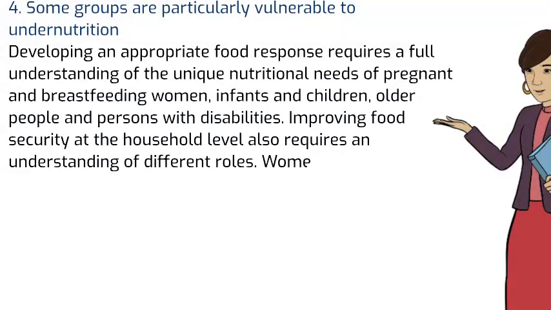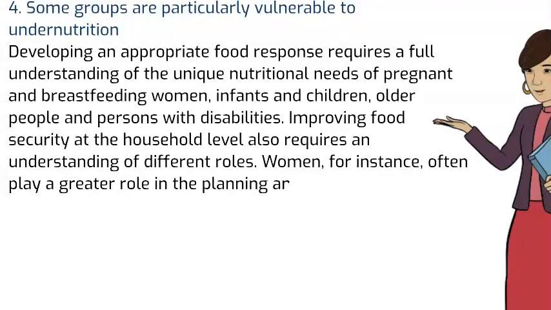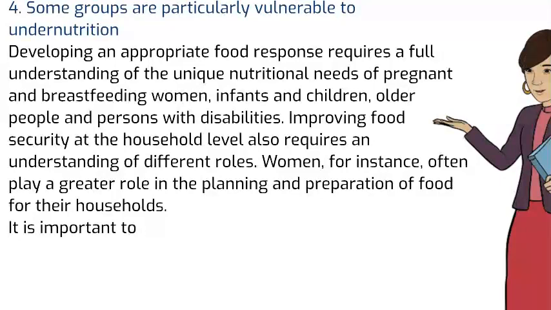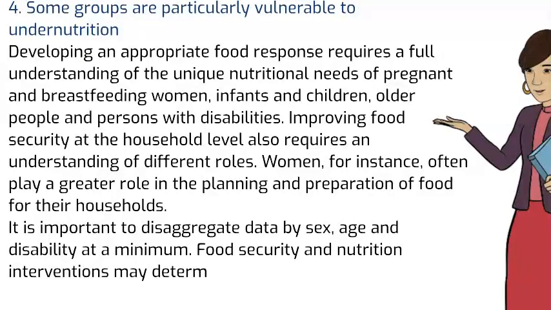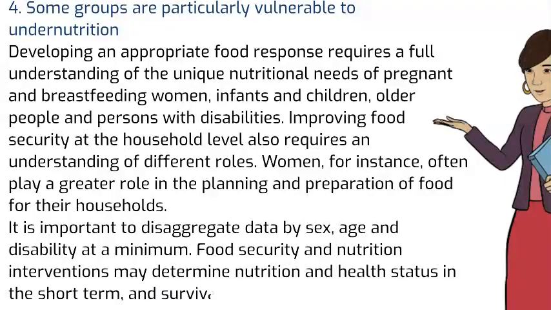Women, for instance, often play a greater role in the planning and preparation of food for their households. It is important to disaggregate data by sex, age, and disability at a minimum. Food security and nutrition interventions may determine nutrition and health status in the short term, and survival and well-being in the long term.